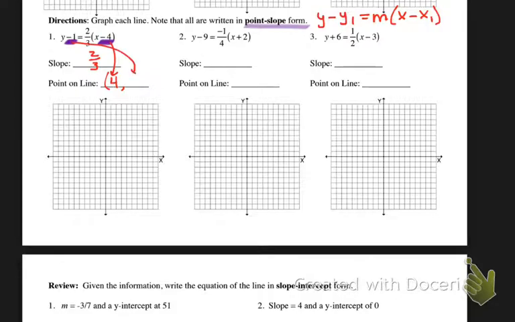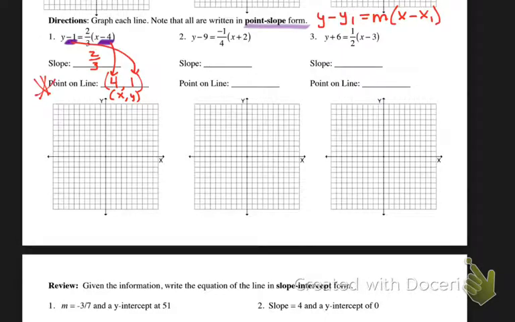We want to take the opposite, and it's a +1. This is pretty easy to remember as far as the fact that the x goes first and the y goes second. So the opposite of the number with the x goes first, opposite of the number with the y goes second.